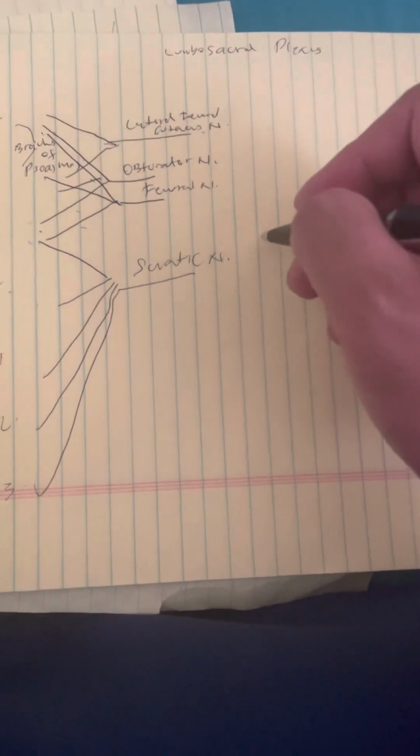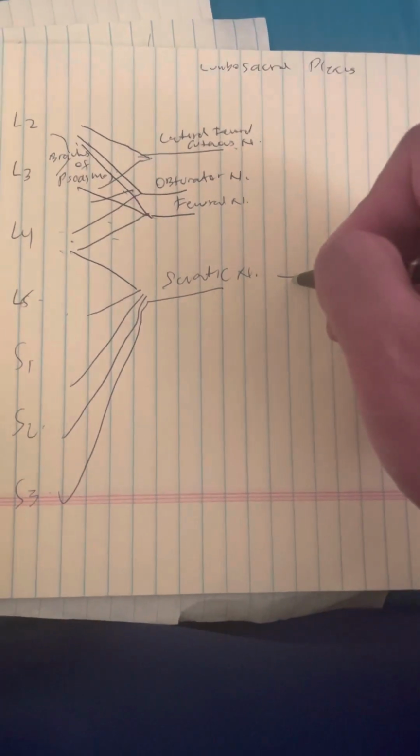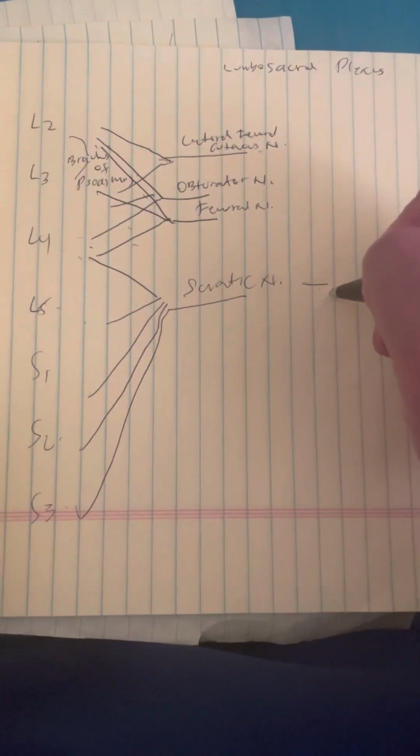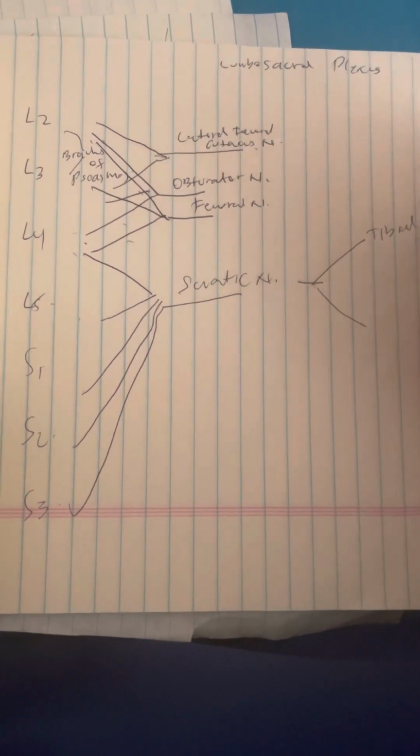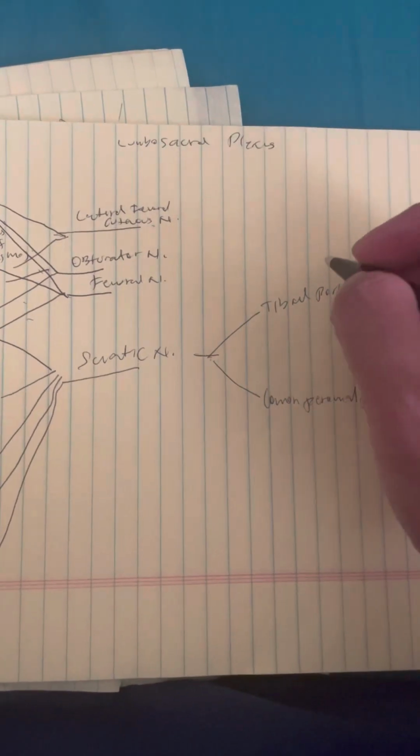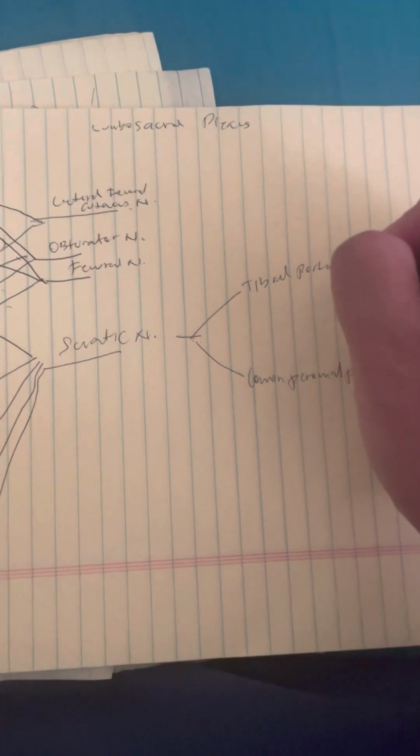Okay, so the sciatic nerve will be divided around the thigh area into the tibial portion and the common peroneal portion. So the tibial portion of the sciatic nerve will go to the tibial nerve, right?